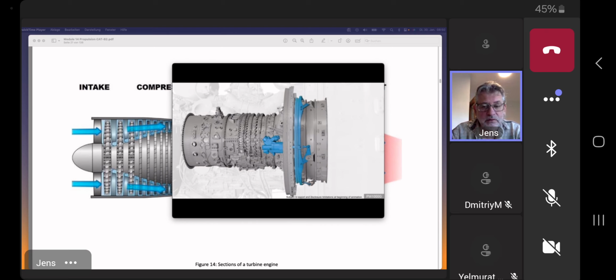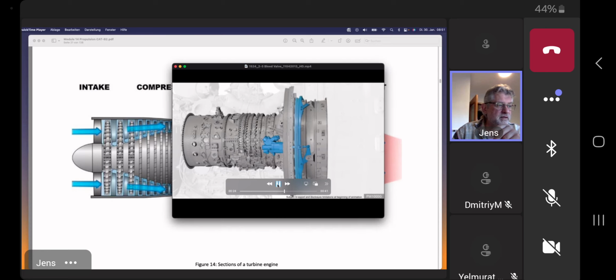We invested work, of course, but it's better to release some air here before the low pressure system puts too much air into the high pressure system, which the high pressure system at this moment is not able to consume. So we have to get rid of some air until the high pressure system has its optimum RPM and is able to consume the mass of air the low pressure system is providing.